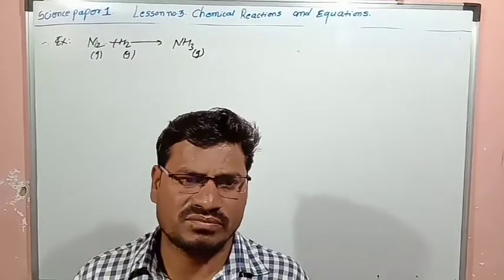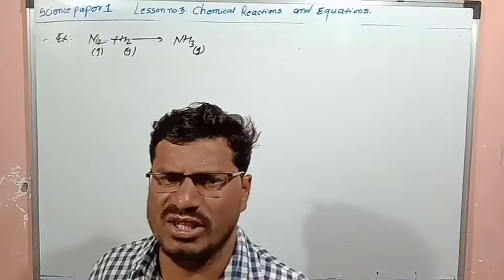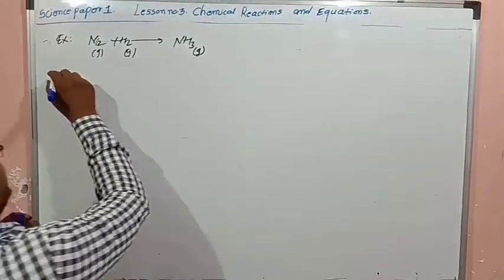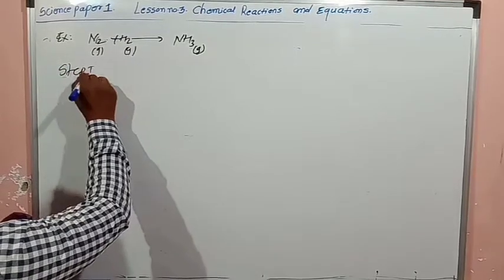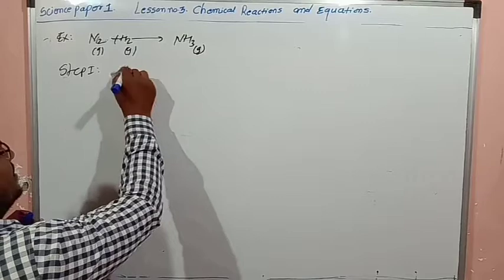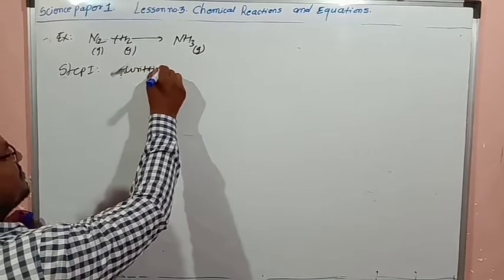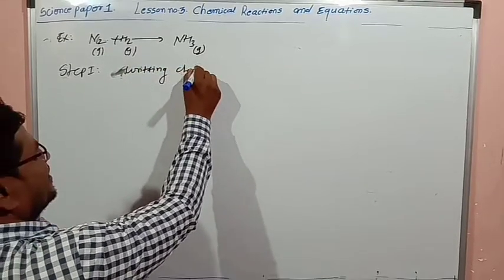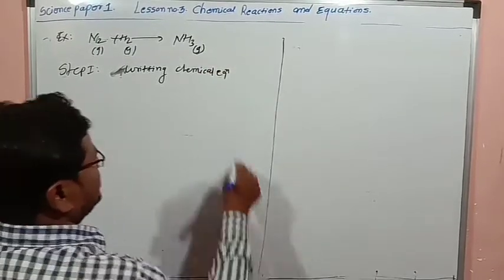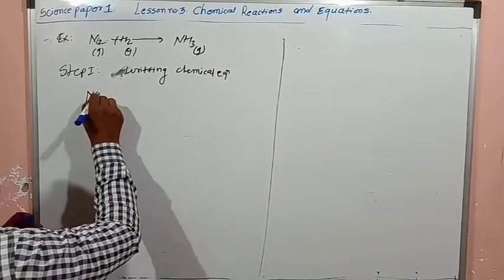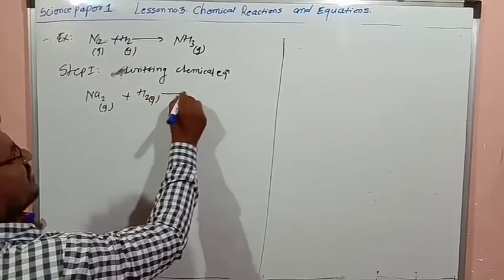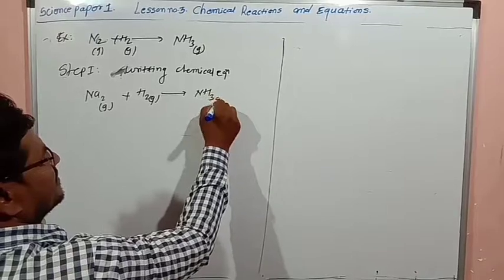Just you have to write the steps to balance the chemical equation. This one also we will learn. So step number first, you have to write the given chemical equation as it is. Writing chemical equation: N2 gaseous plus H2 gaseous, it gives NH3 gaseous.